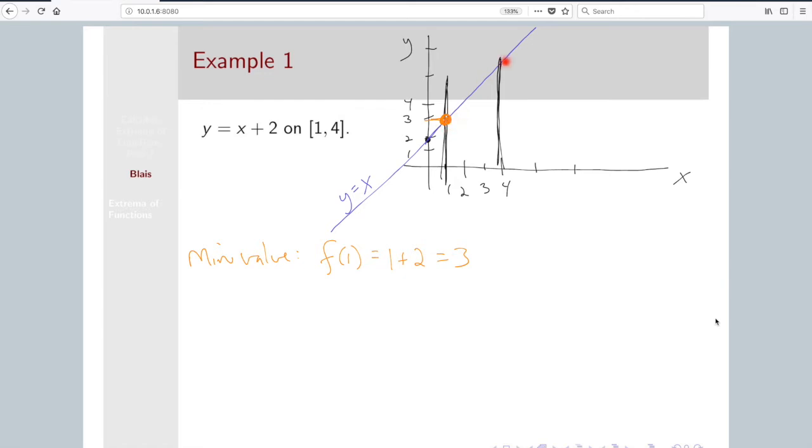We also see the maximum value happens at an endpoint, in this case, the right endpoint. So our maximum value is f of 4, or 4 plus 2, which is 6.